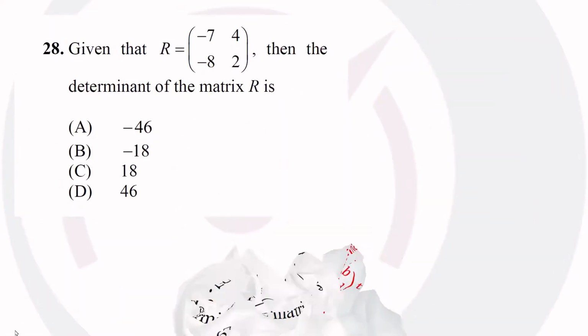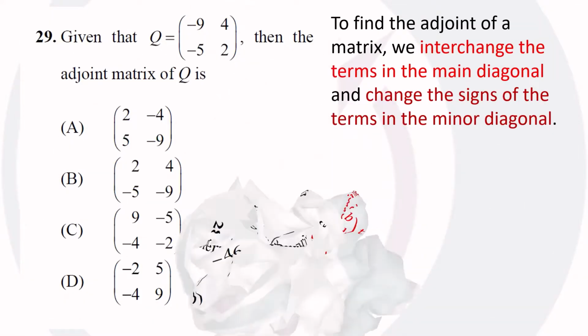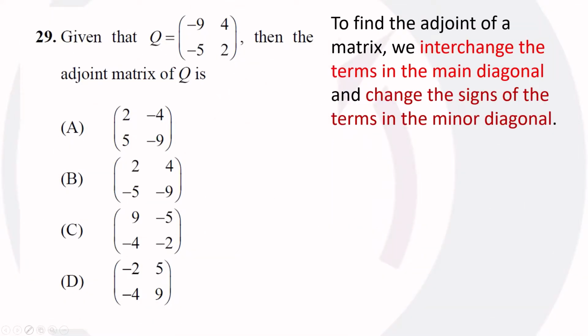Alright. So let's look at the adjoint now. Interchange the terms in the main diagonal. This is our main diagonal. And then change the signs of the terms in the minor diagonal. So let's follow that instruction. Interchange it, so 2 and negative 9 switch places. Then it says change the sign.